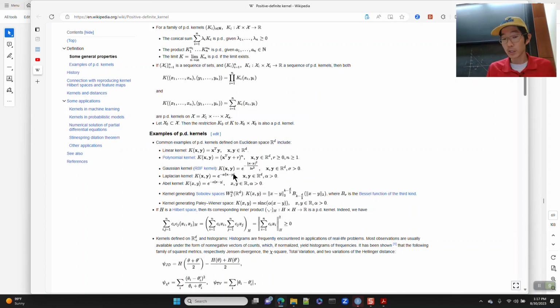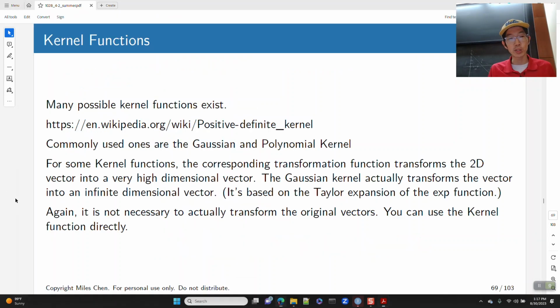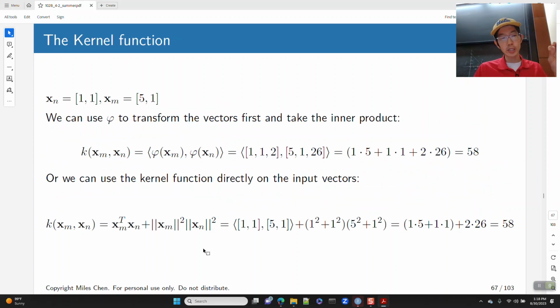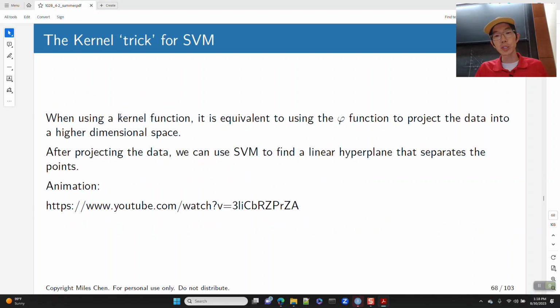There's the Gaussian or radial basis function kernel, which is probably one of the most commonly used ones for SVM. Okay, and basically all of these things are taking our original data in 2D, transforming them into a higher dimensional space, and then using those transformed vectors to figure out where the boundary should be.